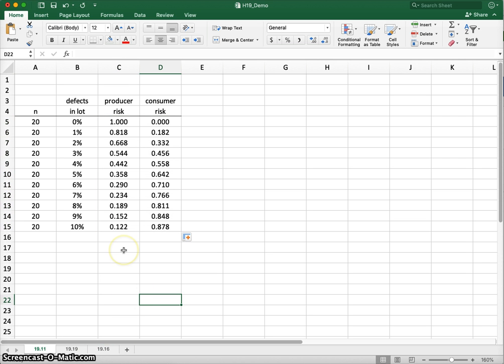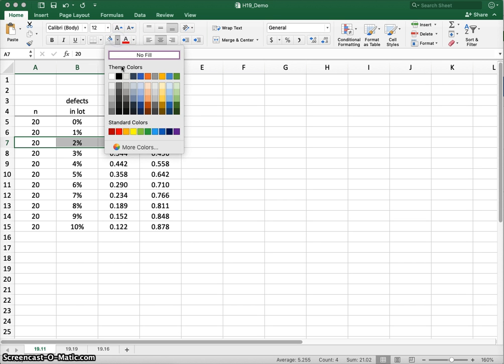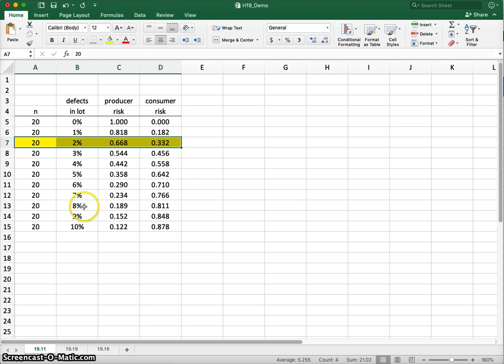And the problem wants to know what's the producer's risk if the defect rate is 2%. Okay, so this one. And what's the producer's risk if the defect rate is actually 6%?